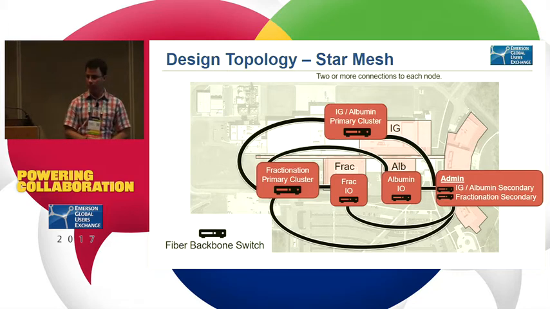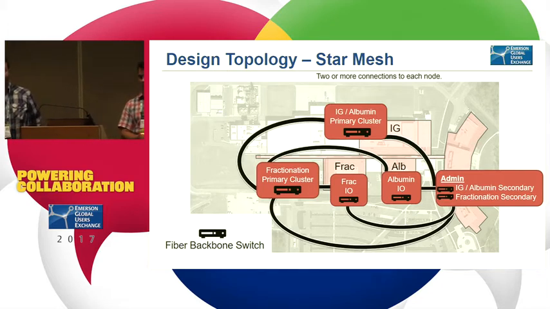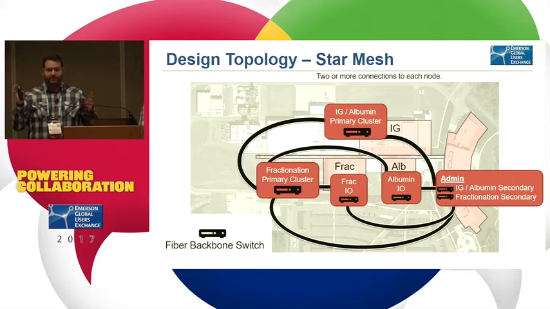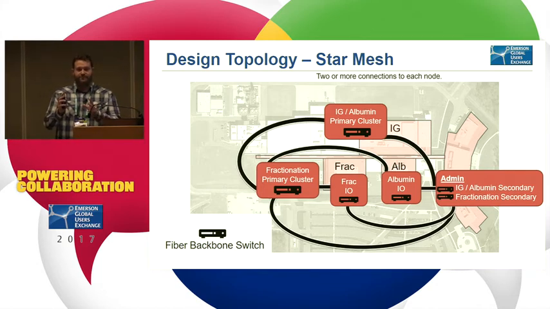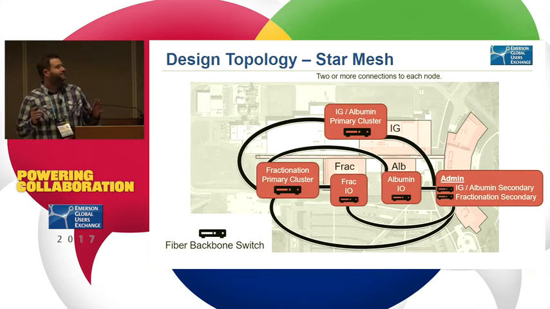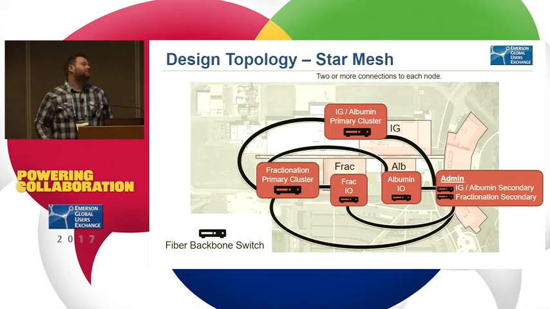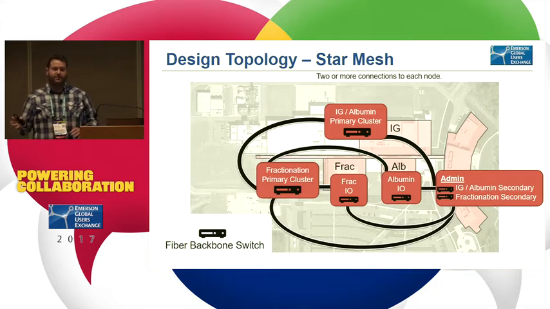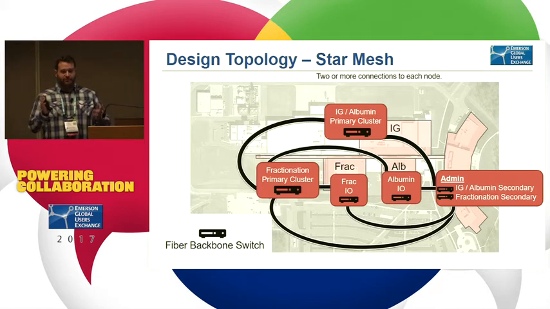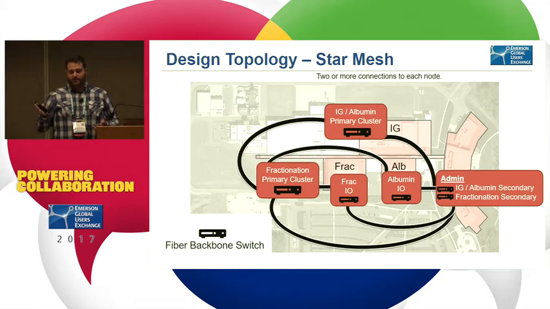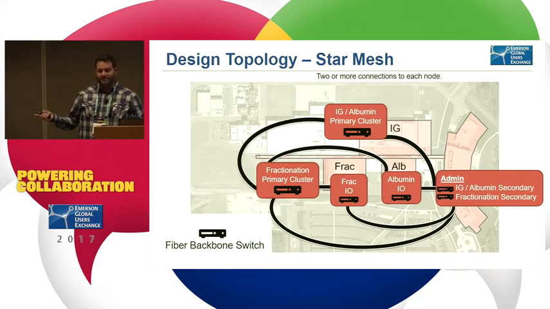So maybe on the last slide you thought, hey, it's not very redundant if you're running everything down the same cable. Obviously, that's a concern. The star mesh takes a lot of that concern out, because you'd have to lose 2 of those big cables that are basically the same ones they use for undersea runs between land masses.